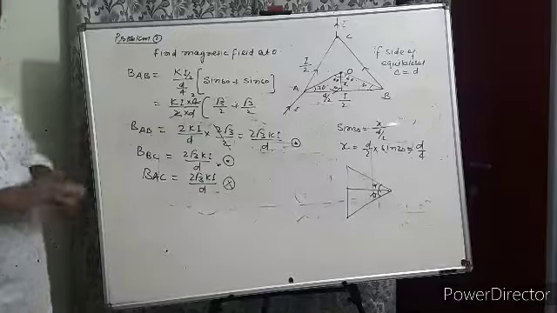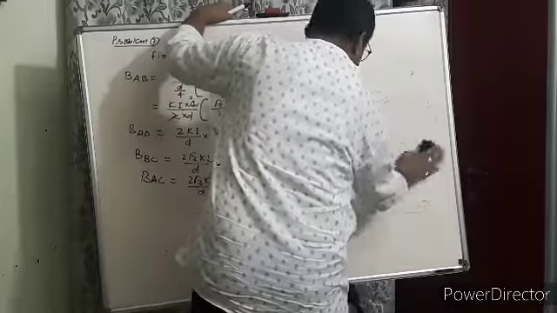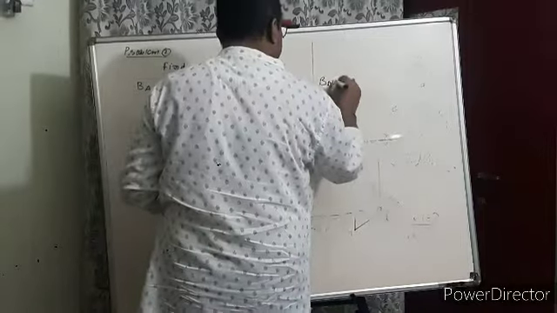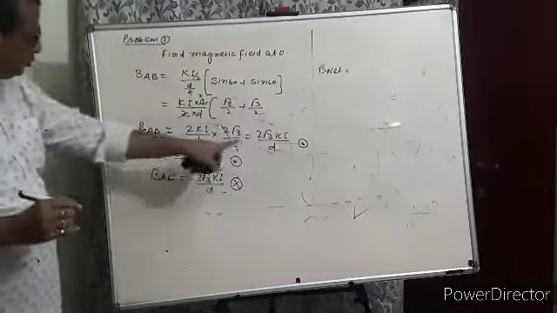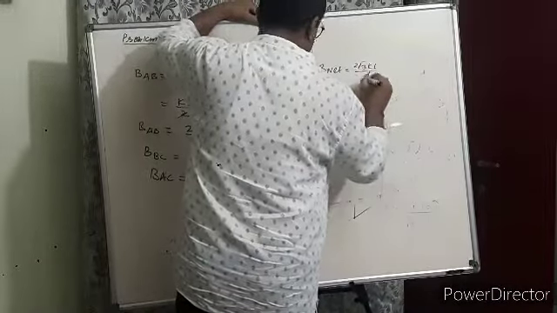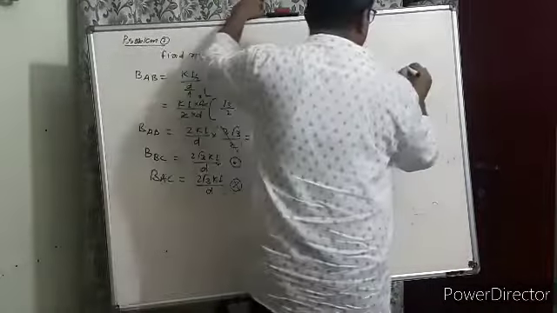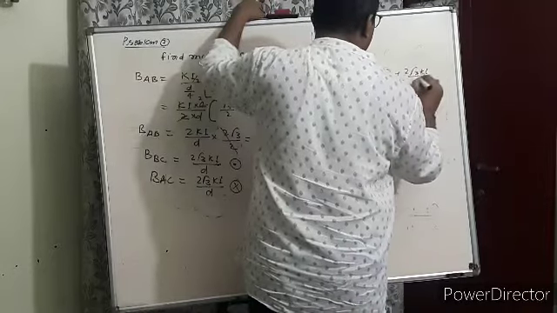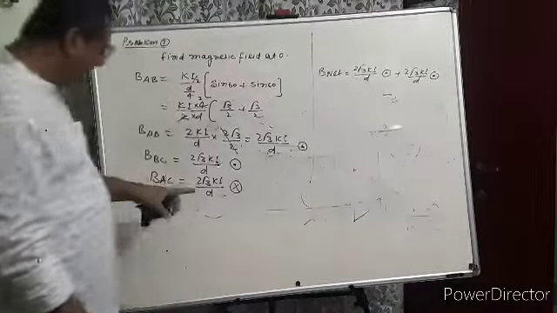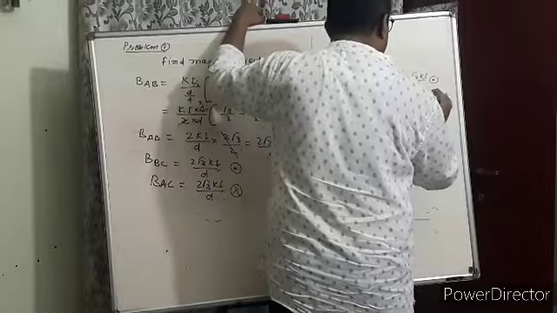Now we can calculate the net magnetic field. B net is equal to 2 root 3 K I by d outward, plus 2 root 3 K I by d outward, plus the inward one, which will be converted into outward, 2 root 3 K I by d.